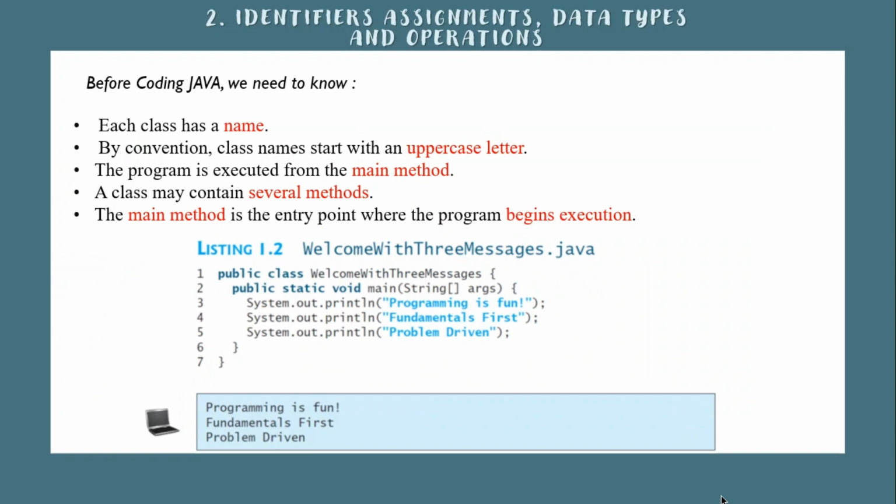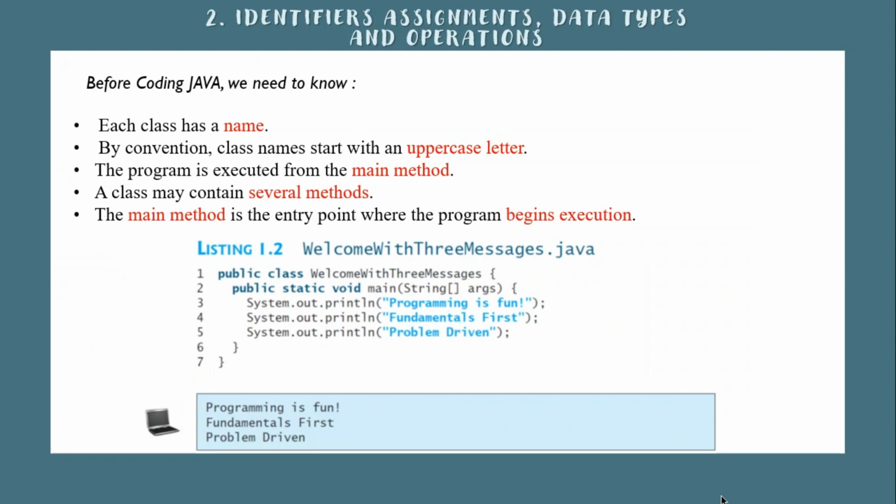Remember, in C++ we had the main function, and in Java we will have the main function and the main class. By convention, class names start with an uppercase letter. Java is a case-sensitive language, so we need to be careful when dealing with letters and characters. Classes need to have an uppercase letter at the start.